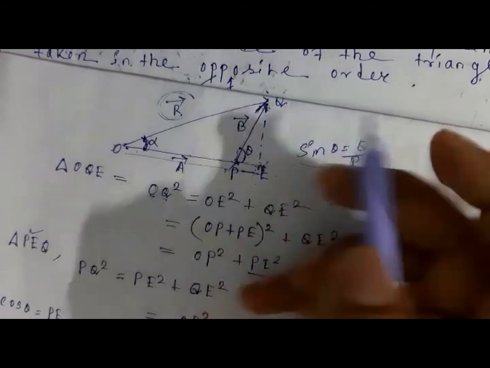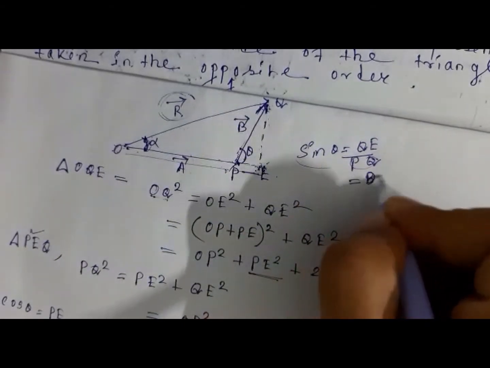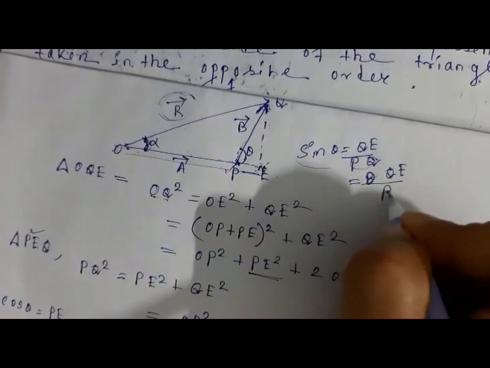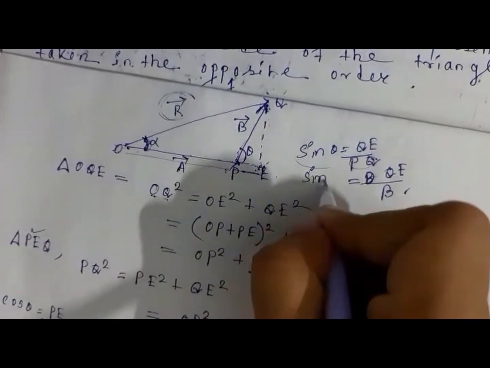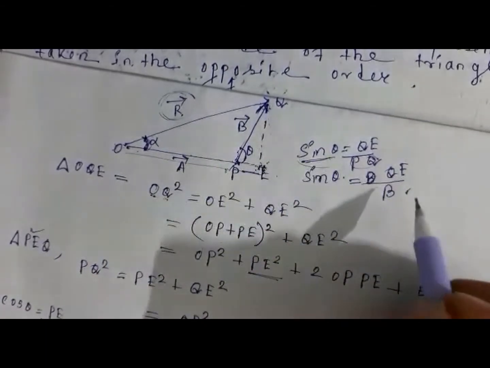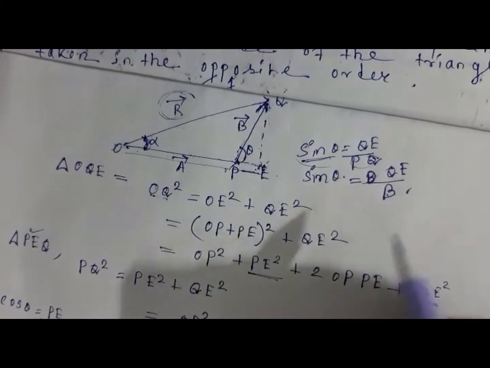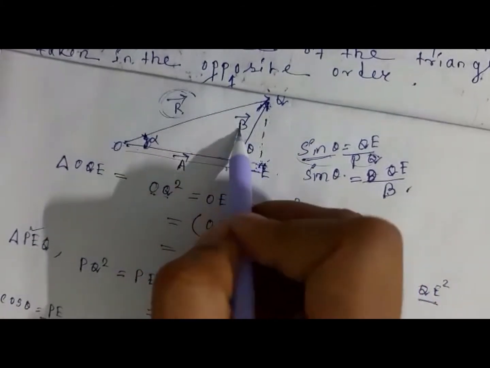PQ we can name B, so QE by B. So it's better to do it in terms of sine theta, because we can put B for this.